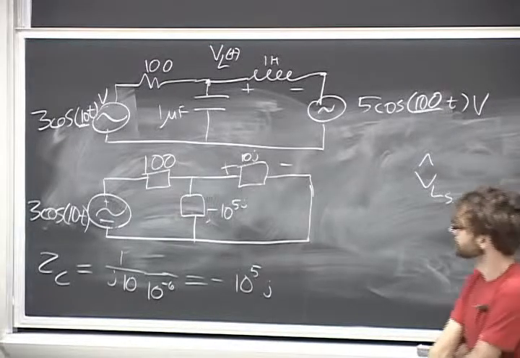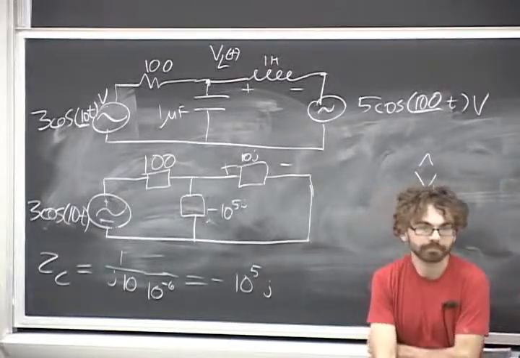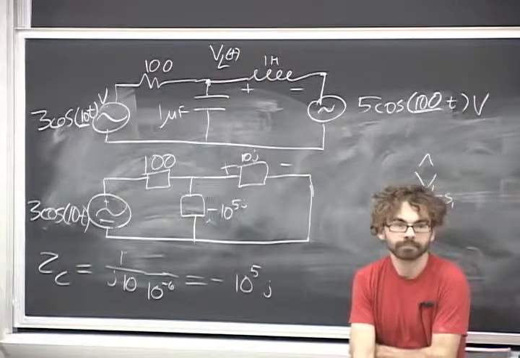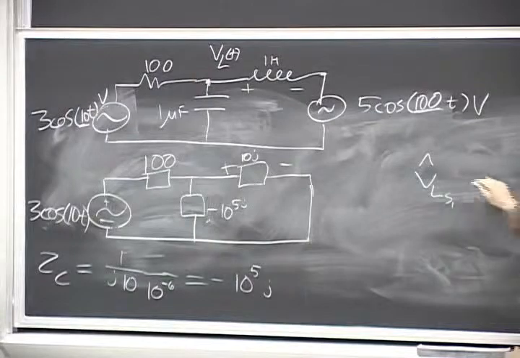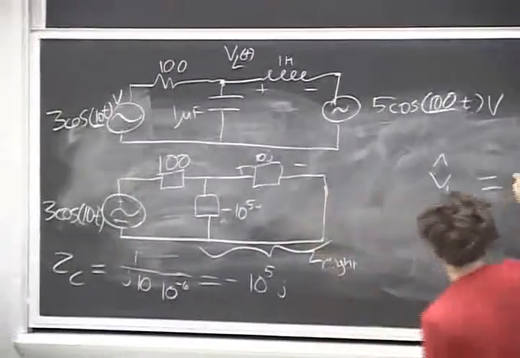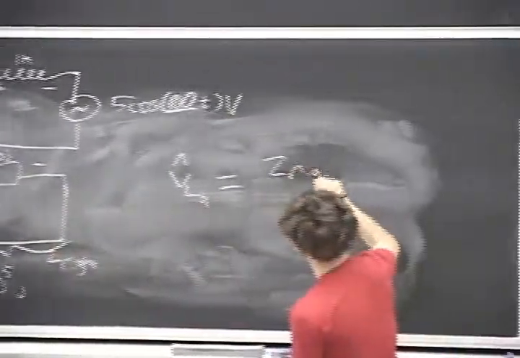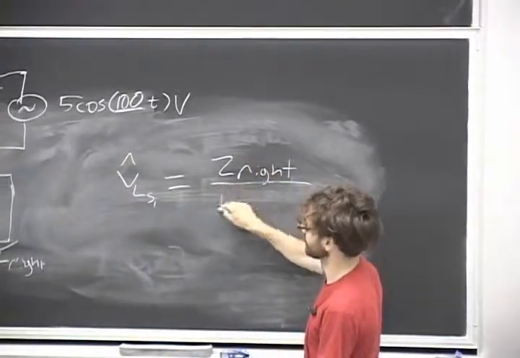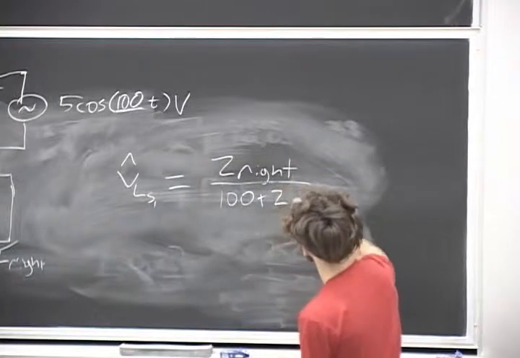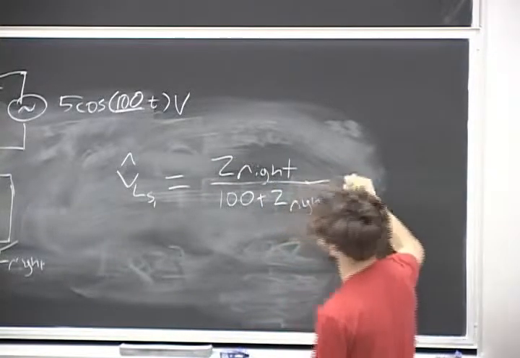Find the, okay. So I'm hearing muttering, so that's the fast way to do it. And that's true. If we call this whole thing Z right, then it would be Z right over 100 plus Z right times what?